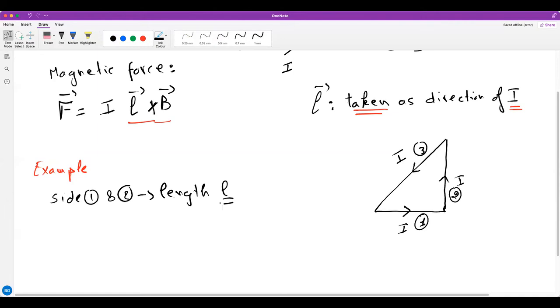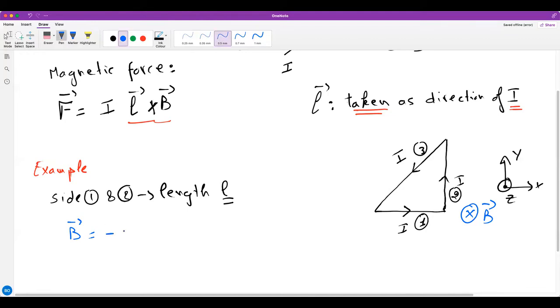And this is X, Y, and Z, and I apply a magnetic field B, and as you can see, it's in the opposite direction of the positive side of the Y axis.